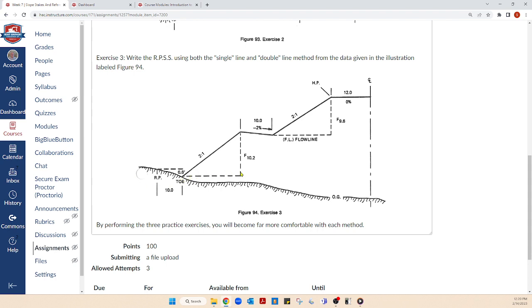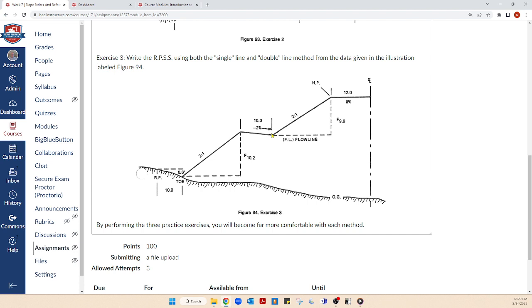That's what that is, at 20.4. Fill 10.2. That would give you a 2 to 1 slope. Now, if you from that point use a double line, and then you would cut. What is 2% at 10 feet?